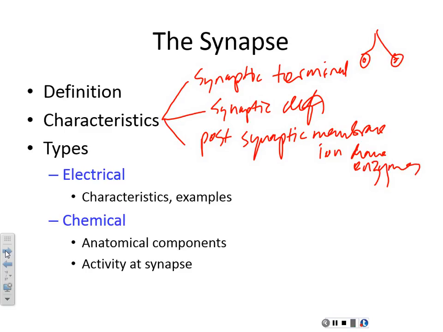Synapse, and we get two kinds of synapses, right? The first one is electrical, and electrical synapse occurs in cells that are connected by gap junctions. Okay, and those gap junctions have specialized proteins called connexons, right? Okay.